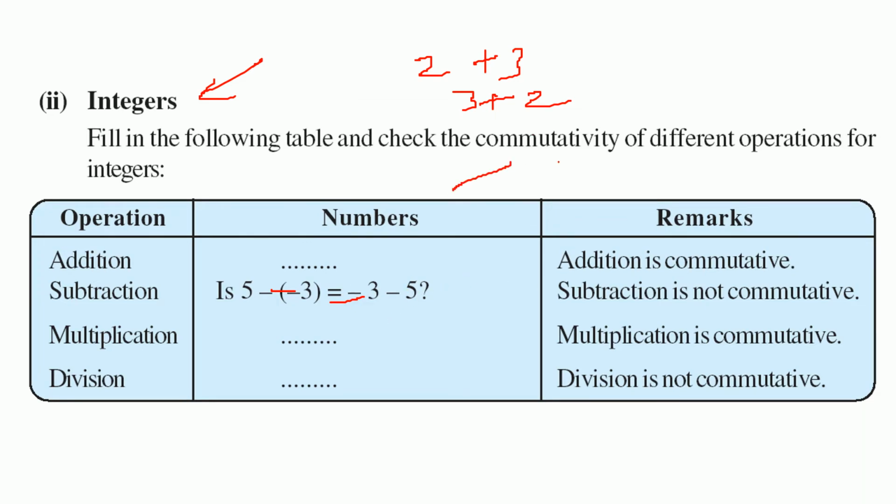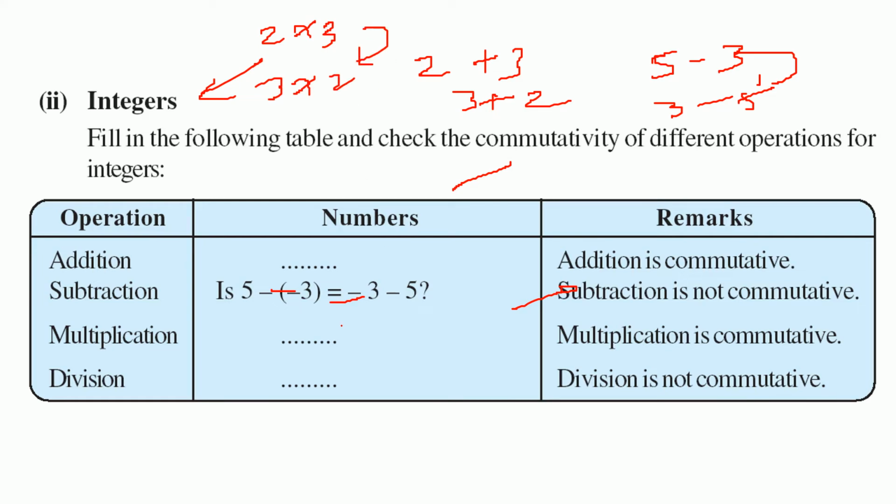I'm not talking about the closure property, I'm talking about the commutative property. That is, 5 minus 3 is not equal to 3 minus 5. These two are different numbers, so subtraction is not commutative. And multiplication is commutative, because if you multiply 2 with 3, and 3 with 2, you are going to get the same result. Division is also not commutative. You can try it.